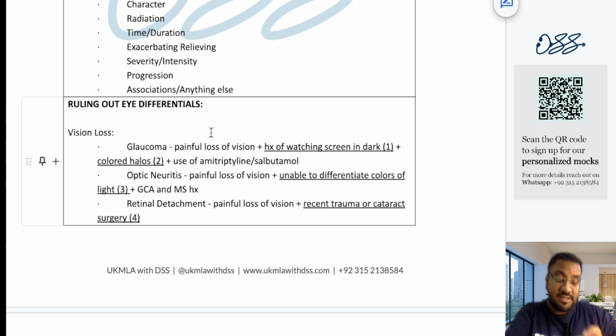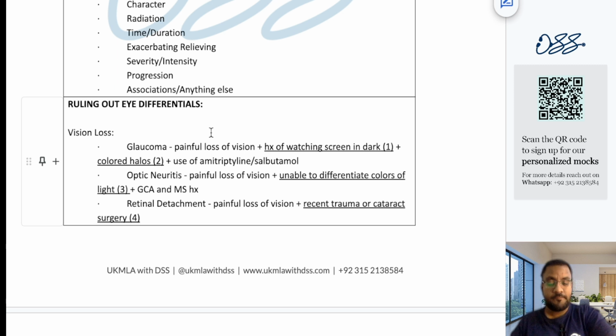So do not just rely on the fundoscopic picture to come to a diagnosis. Make sure that your history is so good and so accurate that you are able to rule out the differentials and come to the diagnosis just on the basis of your history. The examination part is just something that you do for the sake of doing the examination, or to further get more confident on your diagnosis.